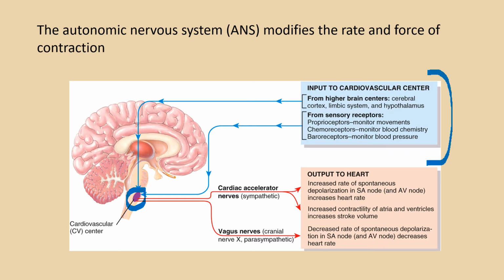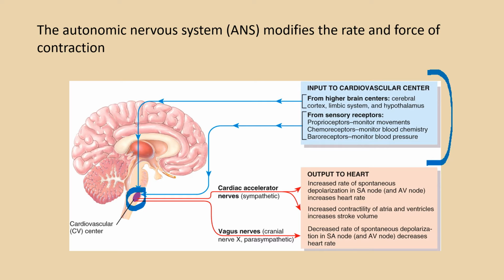The sensory inputs include higher brain centers, so your thoughts and emotions get fed in, as well as proprioceptors that detect body movement, chemoreceptors, chemically sensitive cells in some of your large blood vessels like the aortic arch and the carotid bodies, and baroreceptors, stretch sensitive cells monitoring your blood pressure, also located in the aortic arch and the carotid bodies.